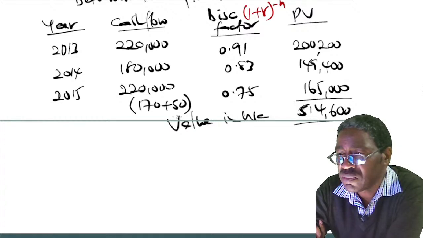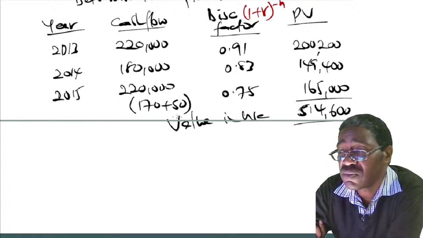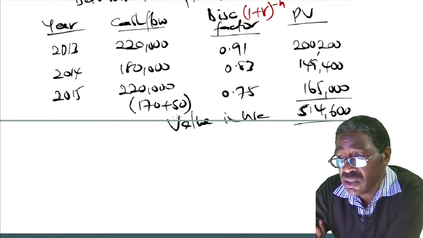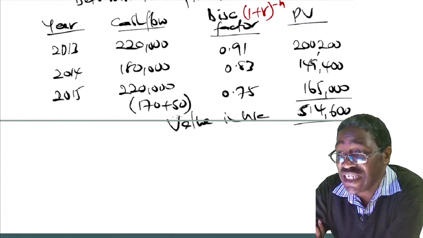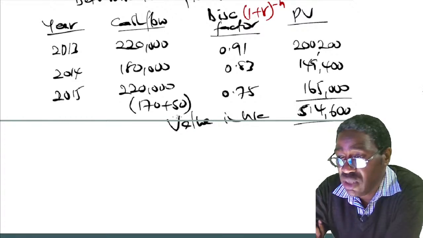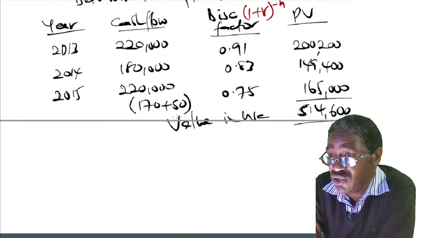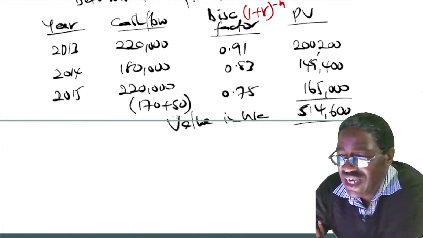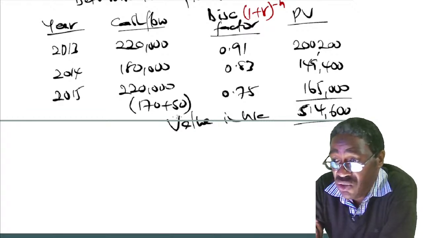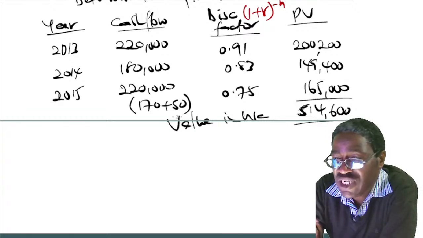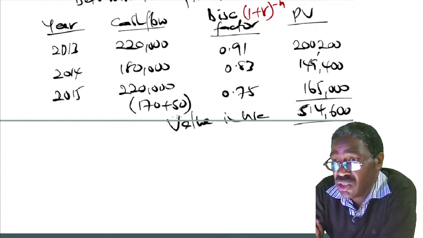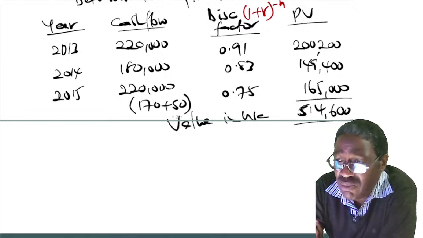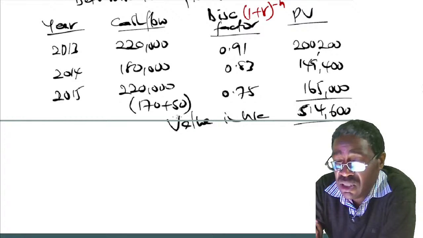Below the table, you can write this. Since the plant did not have a net realizable value, then its value in use, shillings 514,600, becomes the recoverable amount of the plant.